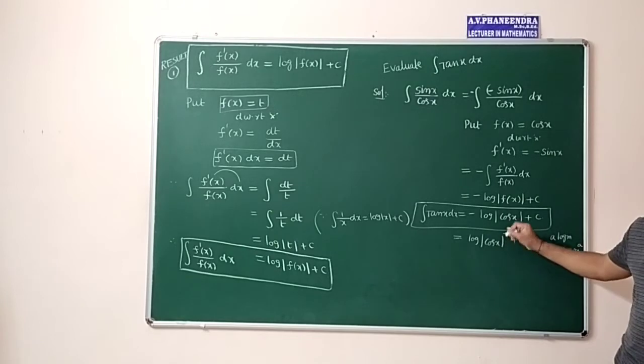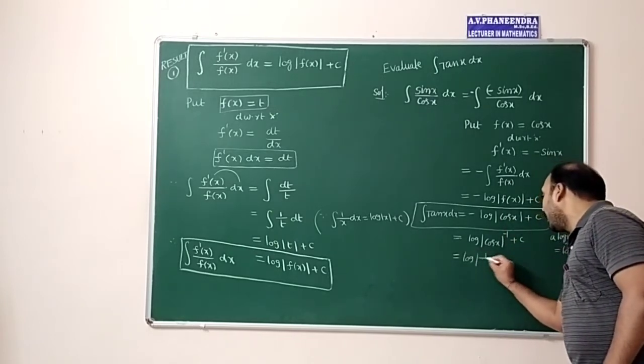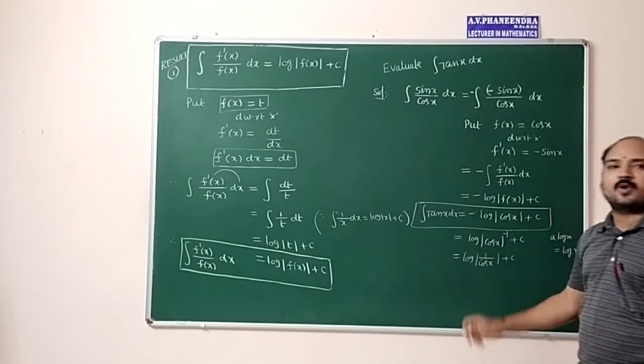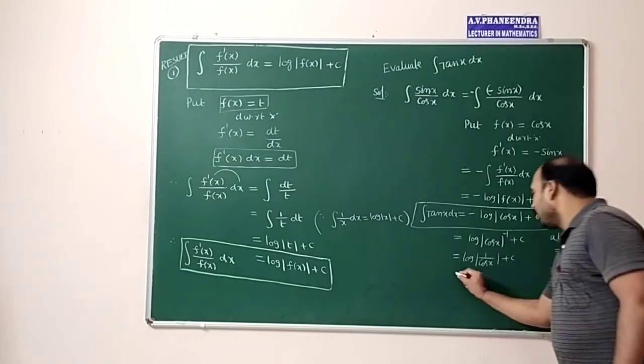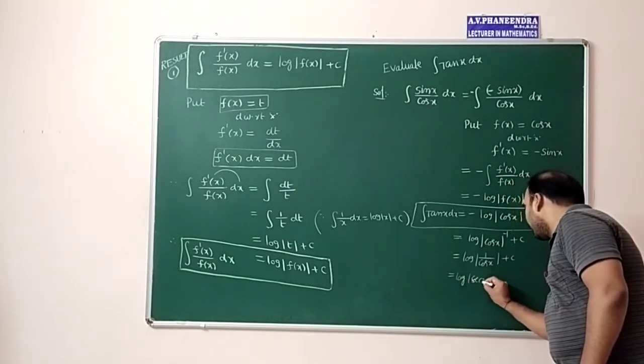x power minus 1 means 1 by x, no? So it is equal to log mod 1 by cos x plus c. The reciprocal of cos is secant, which is equal to log mod secant x.